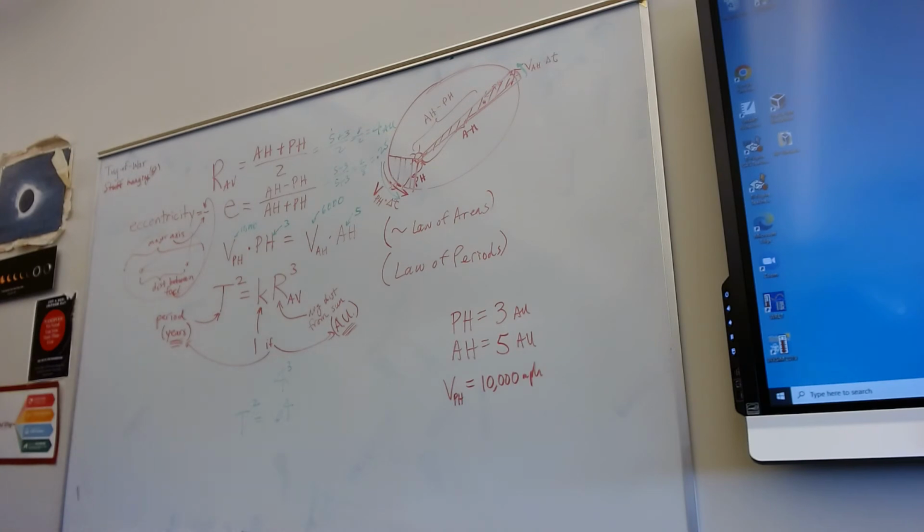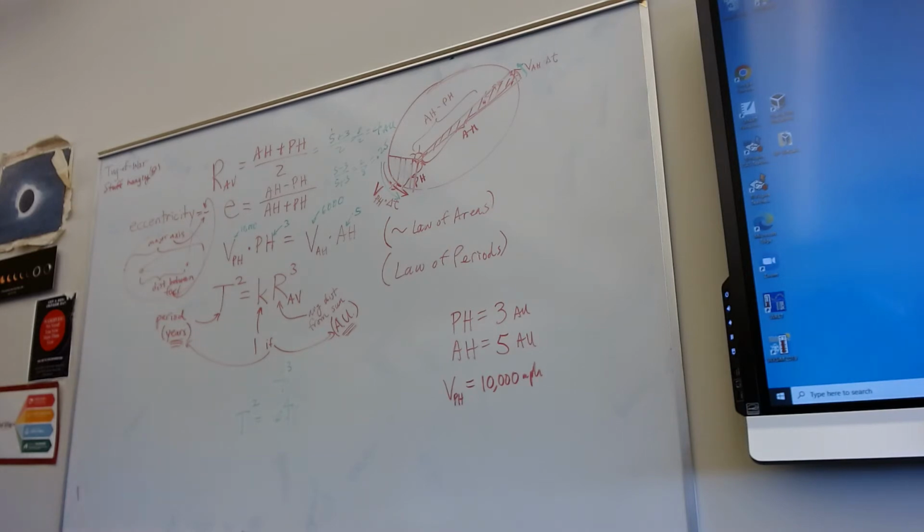So look what we figured out. If a planet varies from 3 AUs to 5 AUs from the sun, the average distance is 4, and the eccentricity is 0.25. It goes 3/5 as fast at aphelion as it does at perihelion, and lo and behold, it takes 8 years to go around. Now, what if I switched it up on you?